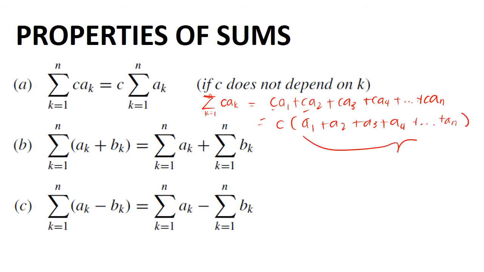And this means that we can get the summation of AK from K equals 1 to N. So, yan yung proof for letter A. Kaya, pwede mong ilabas si C since it is not affected by K.